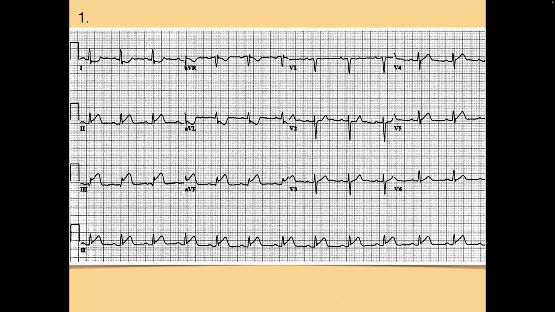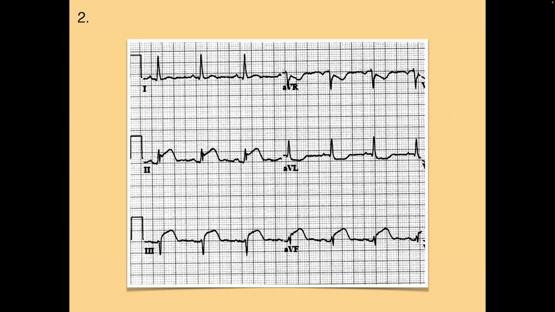Correct. And what kind of STEMI is it? Inferior, great. Just to reiterate, the infarction is in the inferior wall. There's no problem in 1 and aVL. That depression is a reflection of the damage in the inferior wall.